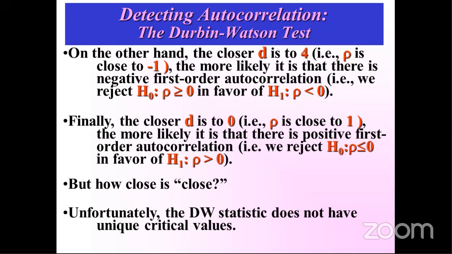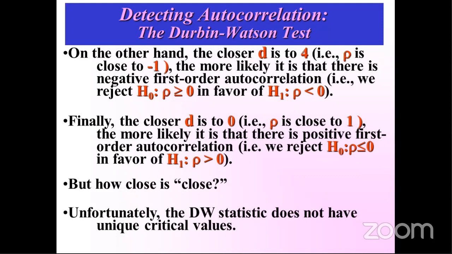But unfortunately, the Durbin-Watson statistic, as given by Durbin and Watson themselves, does not have unique critical values. Unique critical values means you have a single specific value to reject your hypothesis of no autocorrelation against the presence of autocorrelation. In the case of, for example, the t-test, F-test, or normal distribution test, if your calculated value is 3, whereas the table value is 2, you have a specific, unique value.